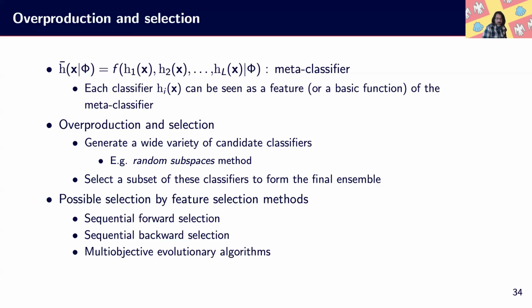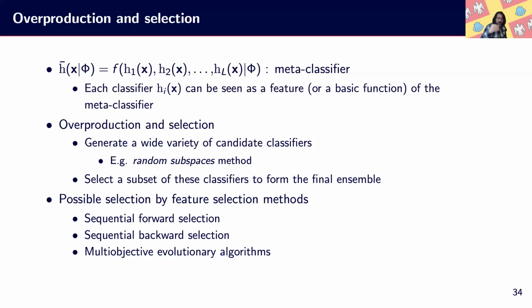So the idea is to use approaches like those used in feature subset selection, which will be presented later on, in 2-3 weeks from now. But the idea is simple: we just use greedy heuristics.